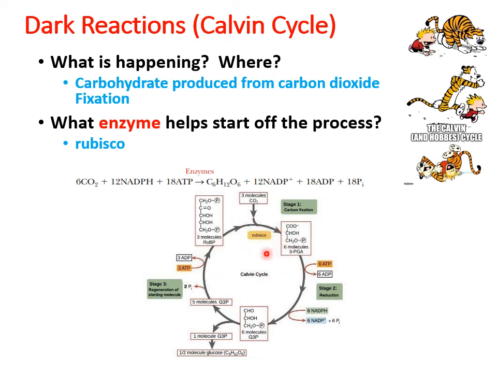So when you hear Rubisco, remember that is the first enzyme in the Calvin cycle, starting off the carbon dioxide fixation. You end up having the reduction taking place and regeneration, and you get RuBP, which is the primary acceptor of carbon dioxide in this cycle.